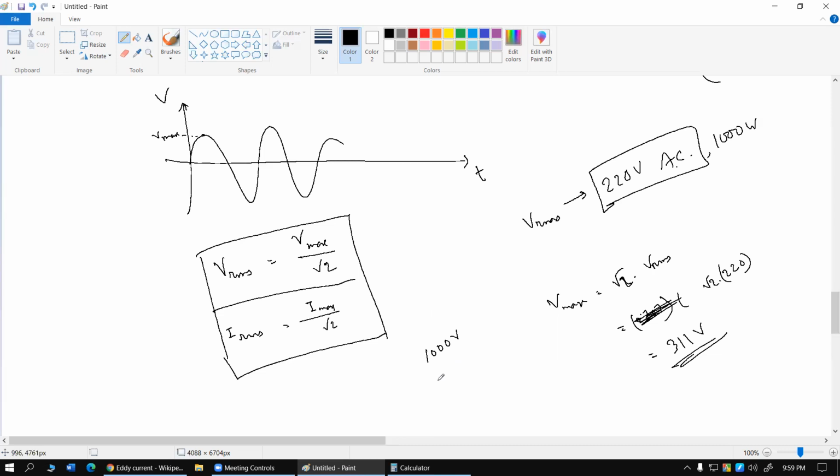But if a certain cable in the transmission line is labeled as 1000 volt, this cable is not actually carrying 1000 volt maximum. This 1000 volt is the RMS value. So the cable actually carries a maximum voltage of about 1400 volts. So if a person, or a crow or a bird, gets a shock from those high tension cables, they actually receive a much bigger shock from the high voltage values. That's why it can be more deadly.